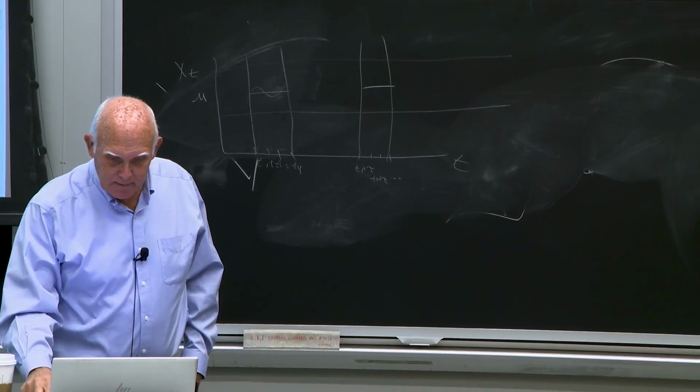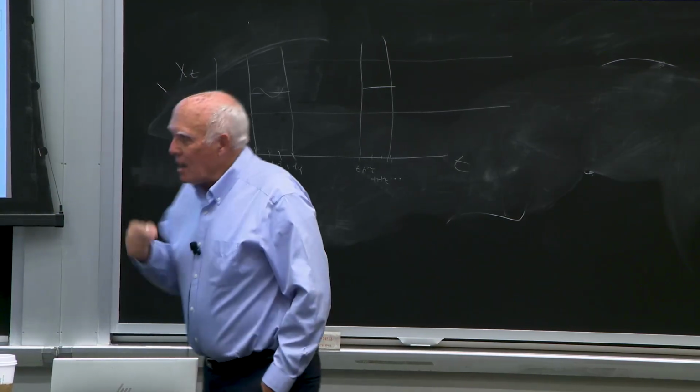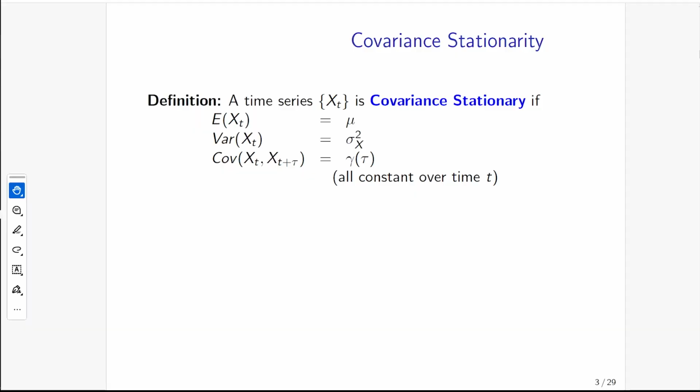Now, a less strict stationarity condition is called covariance stationarity. With covariance stationarity, we're looking just at the first and second order expectations of the time series values.